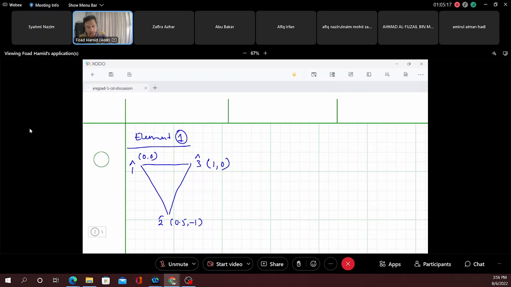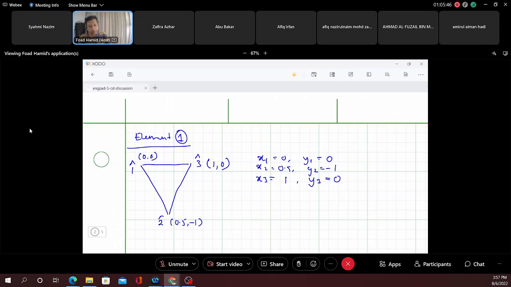So let me rewrite the coordinates here. x1 equal to 0, y1 equal to 0, x2 equal to 0.5, y2 equal to minus 1, x3 equal to 1, and y3 equal to 0. Okay, so these are the important information.